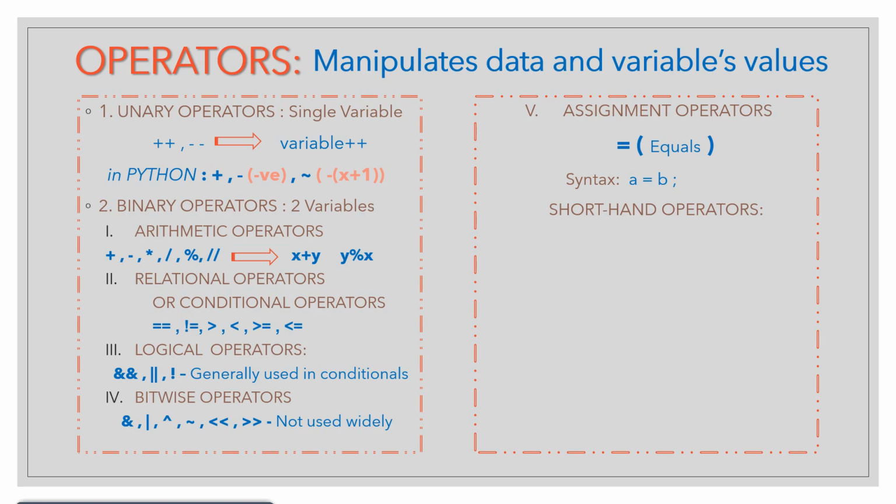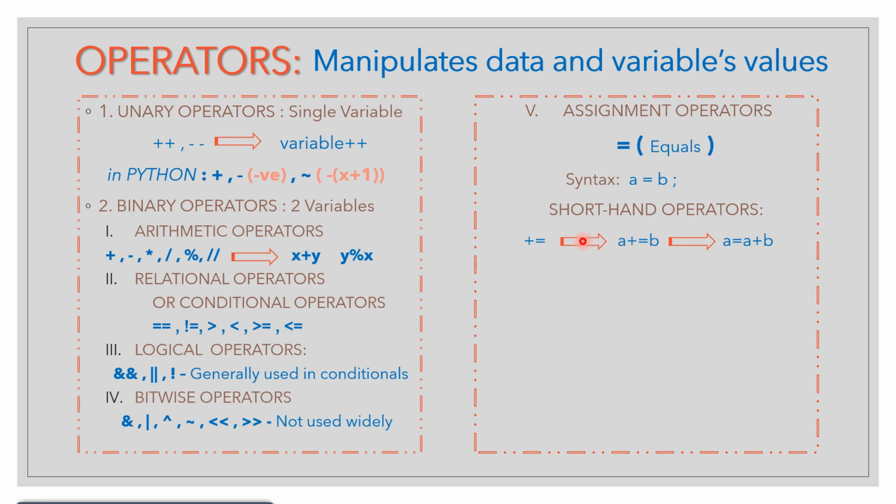So in assignment operators, we have shorthand operators. What are shorthand operators? These are just like arithmetic operations, but with a plus symbol followed by an equal symbol, that is a plus equals b. This statement refers to a equals a plus b. Instead of writing three variables, we just write two variables and this symbol between them.